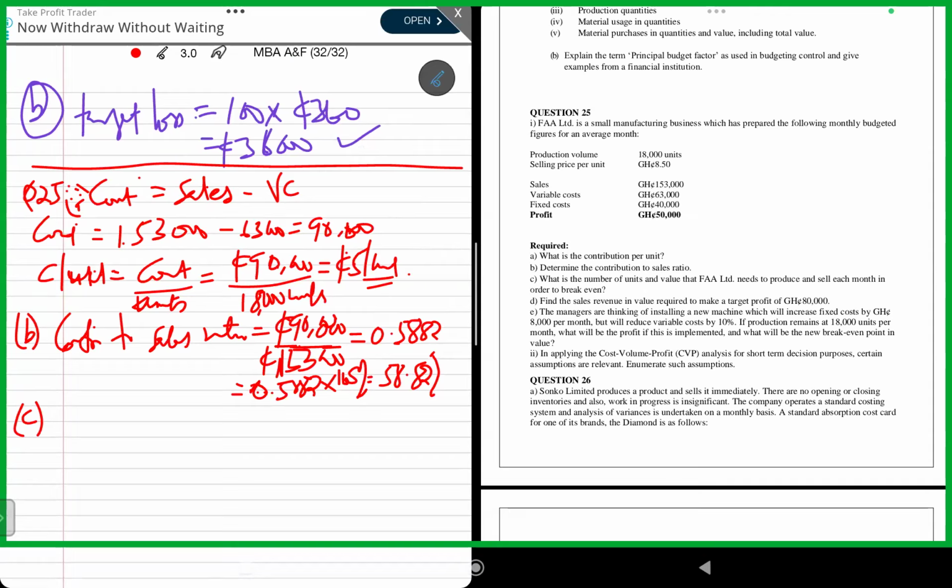So what do we do? To break even, the break-even point in units is the fixed cost over the contribution per unit, or contribution margin. What's the fixed cost? 40,000.